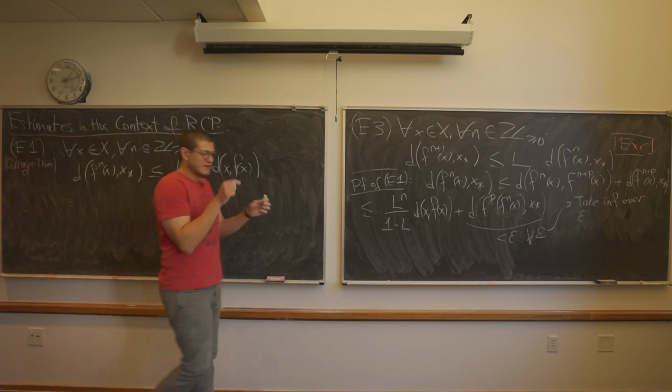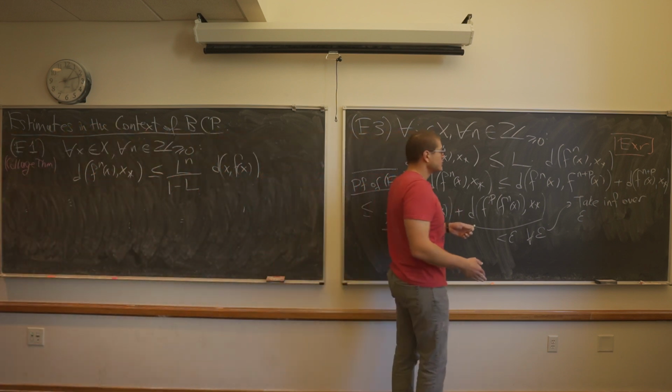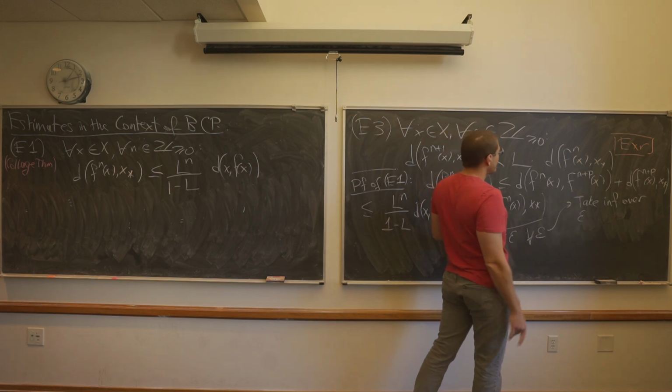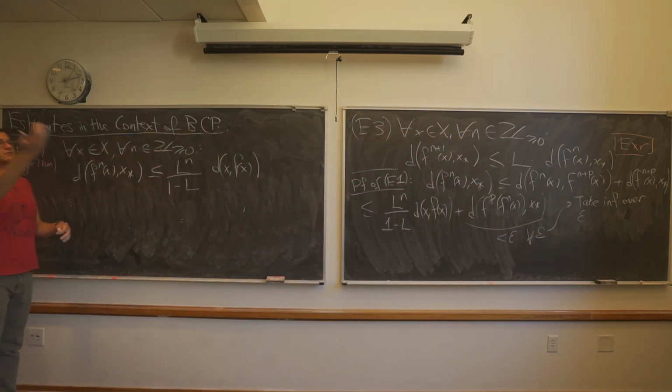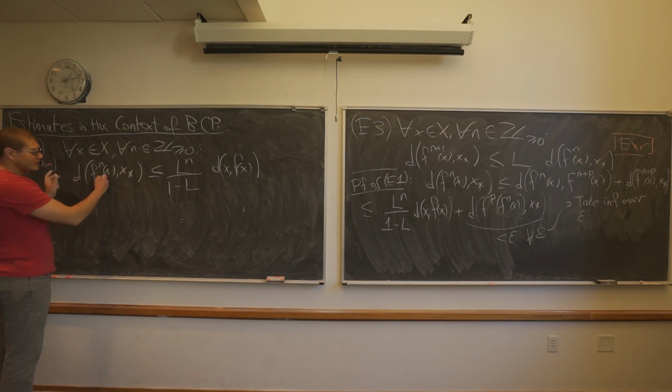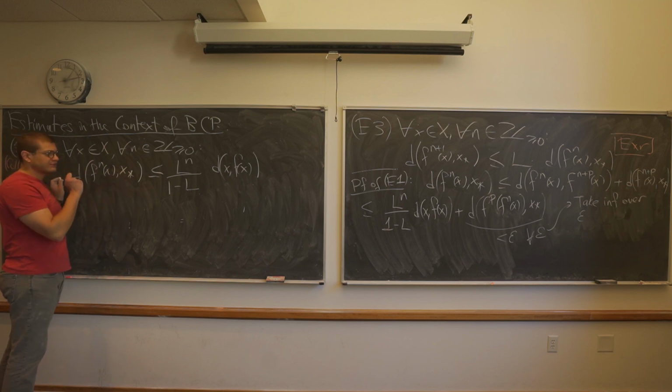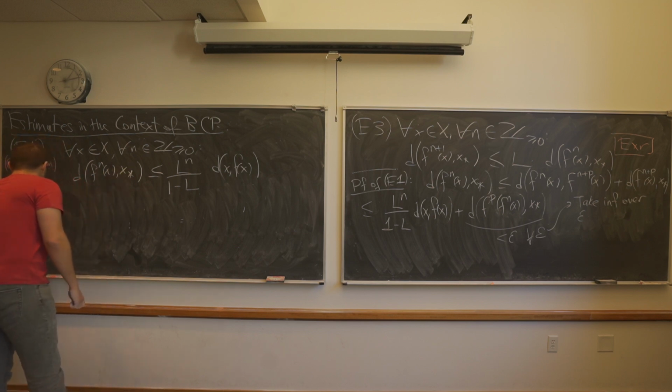Either you inject some middle terms in there and get a geometric series, or you realize that x star is f of x star or something, and then you pull out a factor of L. That's basically the idea. If n is 0, this gives me something about the distance between the initial condition and the fixed point.